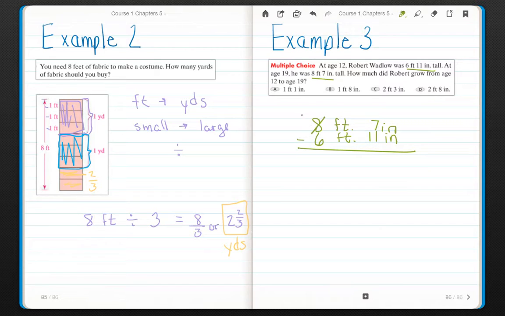I need to take one of my feet and break it into inches. Remember that 12 inches equals 1 foot. So I take that 1 foot, I break it into 12 inches, and I add that to the 7 inches I already have. So now I have 19 inches.